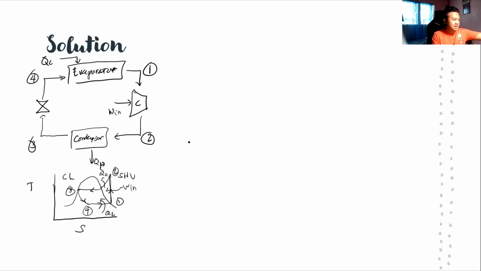Okay, so that's how it works. So now let's list what we know. So at state 1 we have 0.1 MPa. It's because it's a saturated vapor at this point.